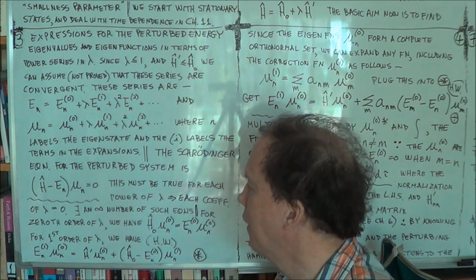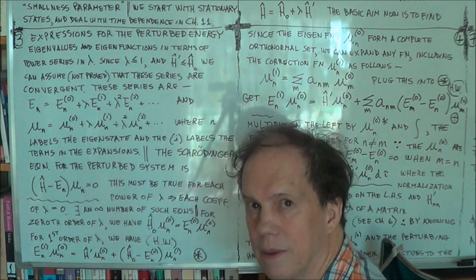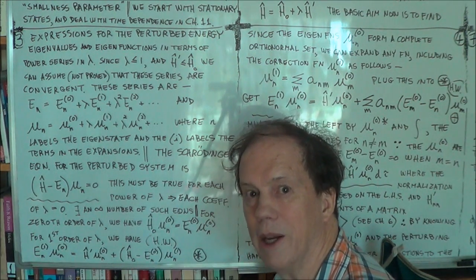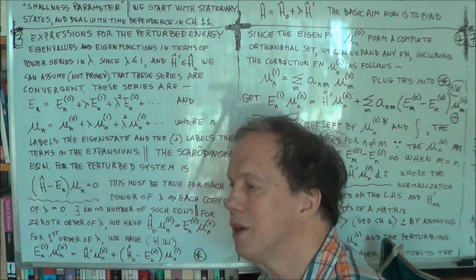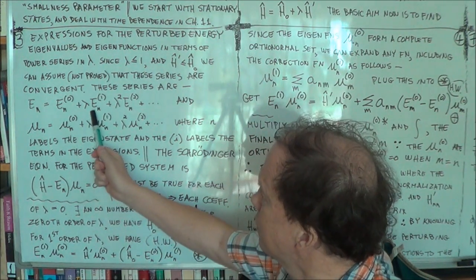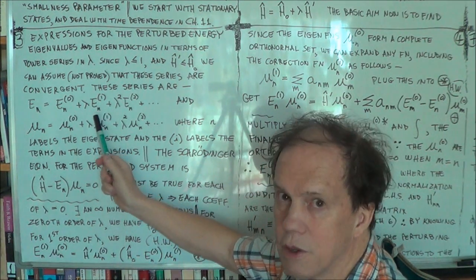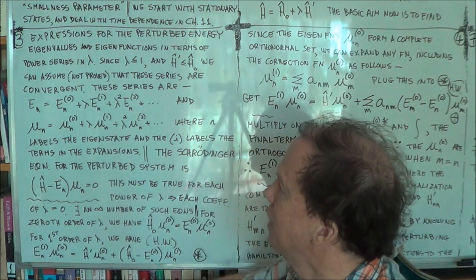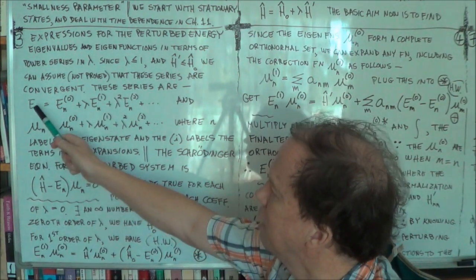Useful formula coming out of it, and that's what perturbation theory is about, and we'll actually do it. We will find, for example, this term here, E1, the so-called first order correction to the eigenenergies.